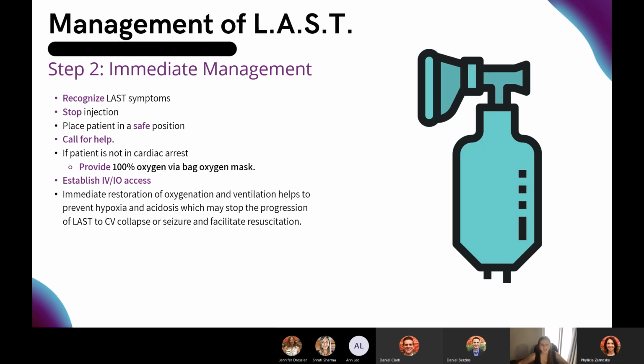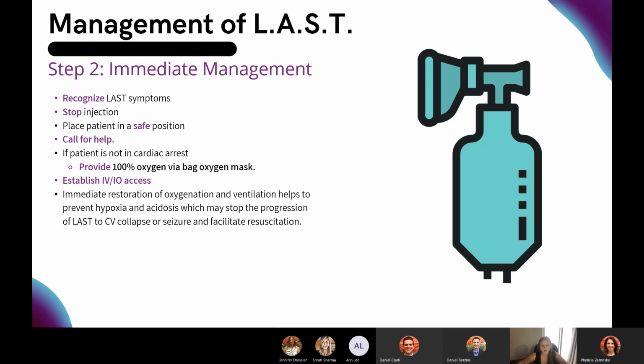So after you have recognized that this patient is having a LAST adverse reaction, the first thing you do is you stop the injection, you place the patient in a safe position in the event that they lose consciousness, call for help, and get a crash cart if you have one. If the patient is not having a cardiac arrest, you want to provide 100% oxygen via a bag mask.